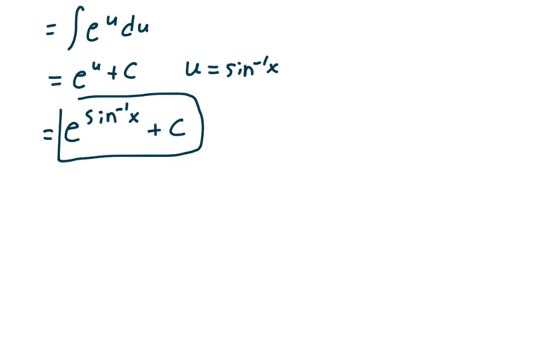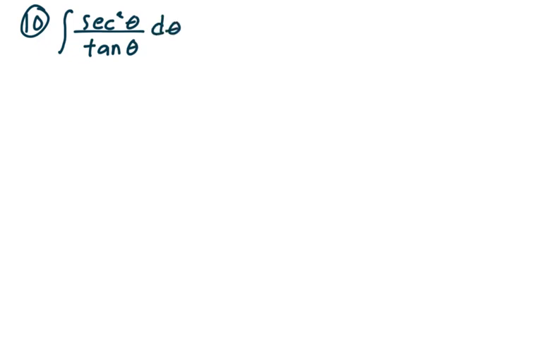Let's take a look at number 10. On problem number 10, we have the integral of secant squared theta divided by tangent theta d theta. This one's good. So I'm going to let u equal tangent theta.